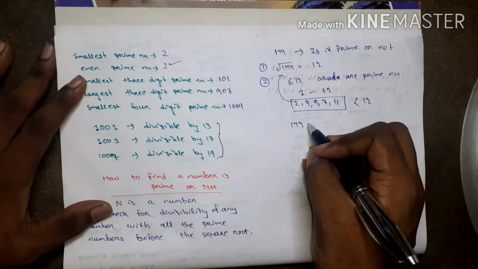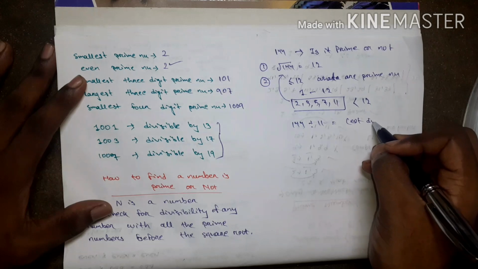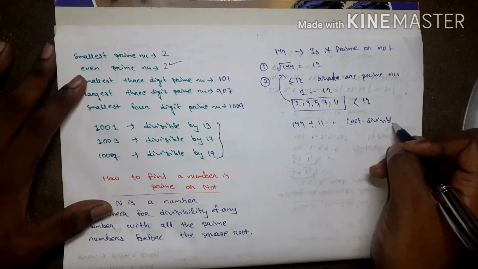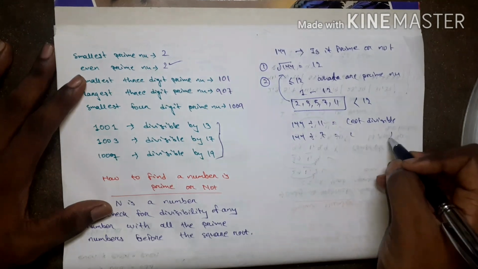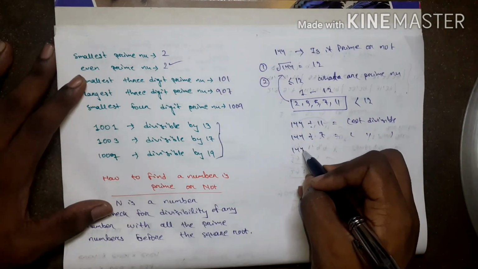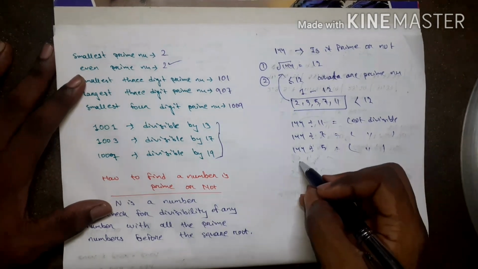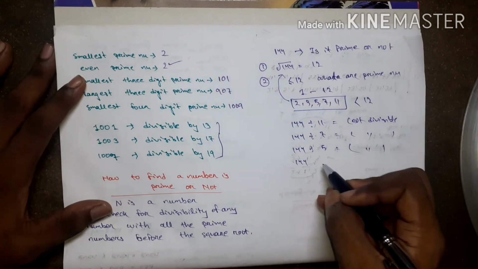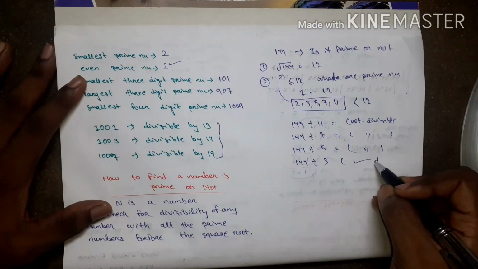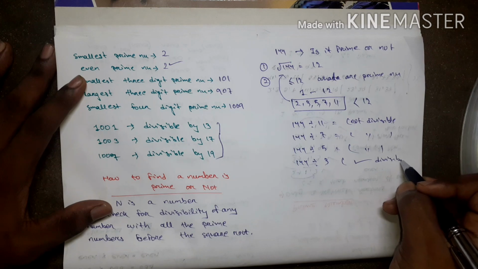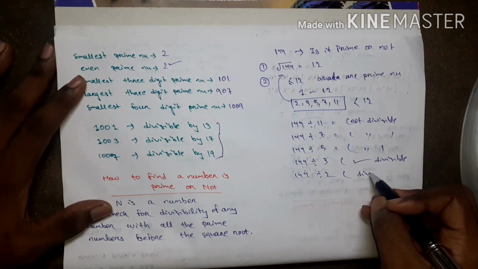First, 144 divided by 11, not divisible. 144 divided by 7, not divisible. 144 divided by 5, not divisible. 144 divided by 3, divisible. 144 divided by 2, divisible.